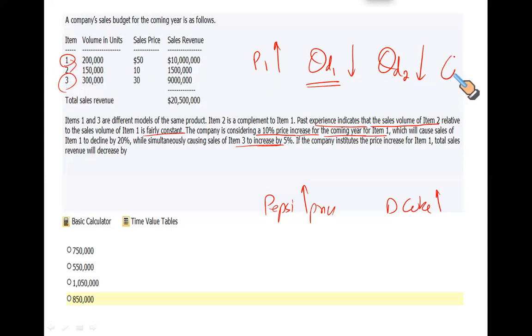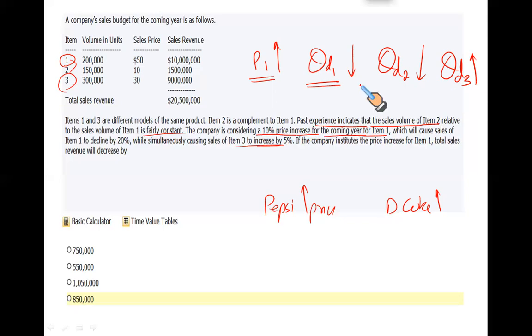So it will happen simultaneously, the demand for item 3 will go up. If you just change one string in the whole composition, if you increase the price of item 1, quantity demanded for item 1 will fall, quantity demanded for item 2 will fall, and at the same time, since 1 and 3 are substitutes, quantity demanded for 3 will increase.